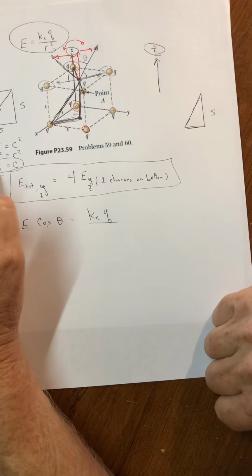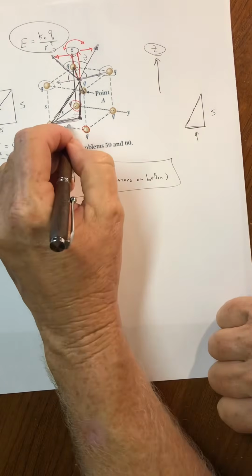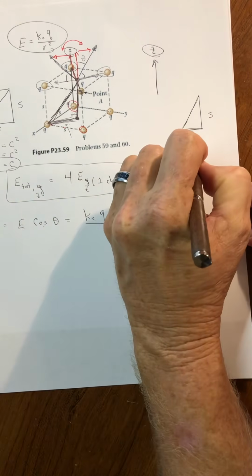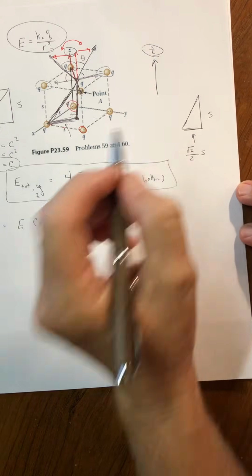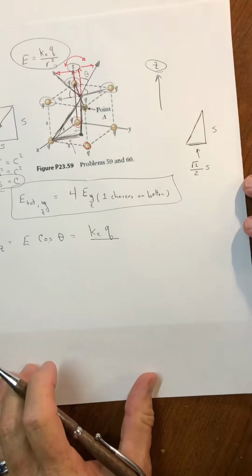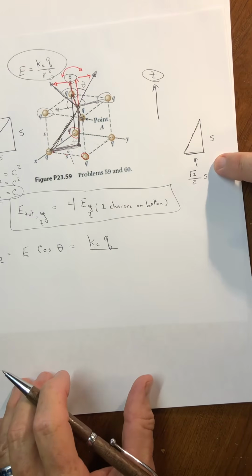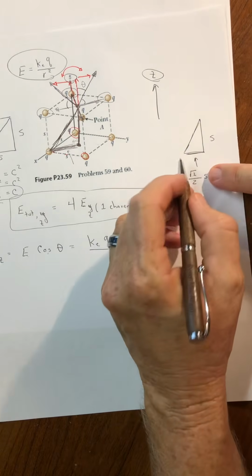Now, of course, I want half of that. So this right here, that is that distance right there, would be that cut in half. So this would be the square root of 2 over 2 times S. So there is that distance. So now I can get this distance squared.